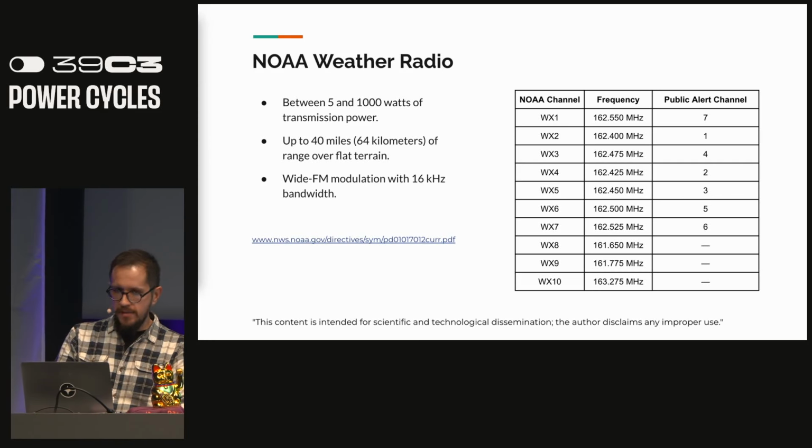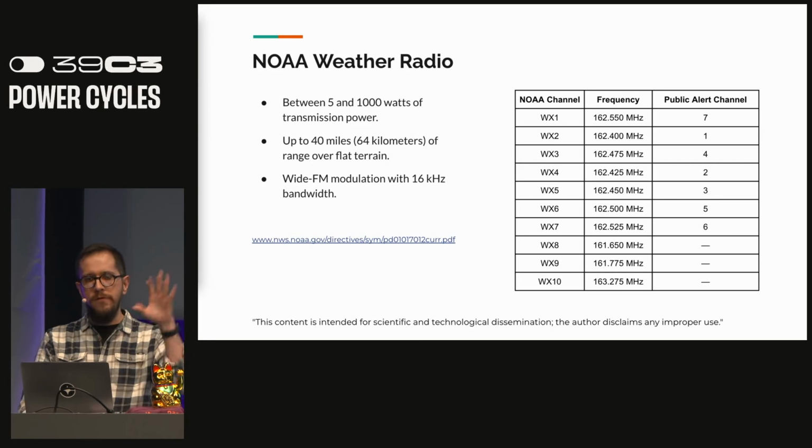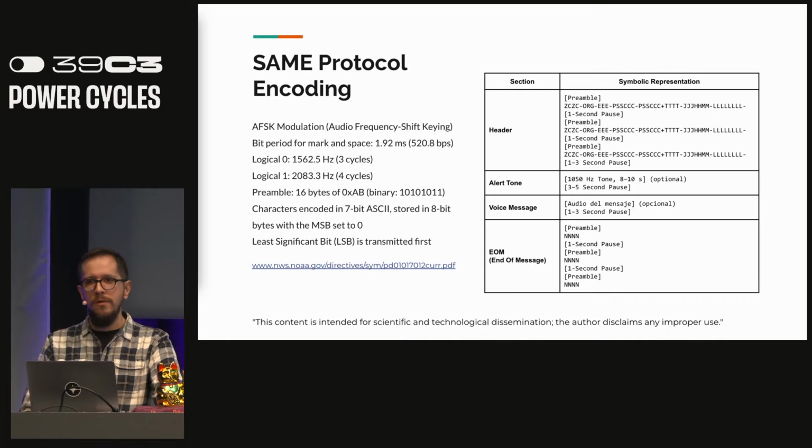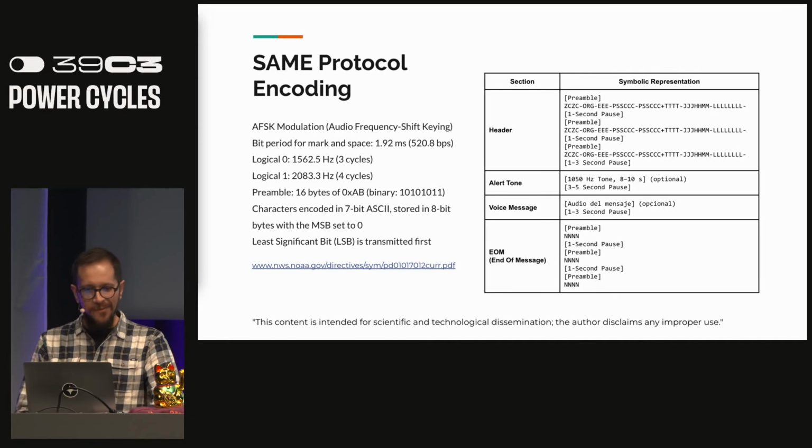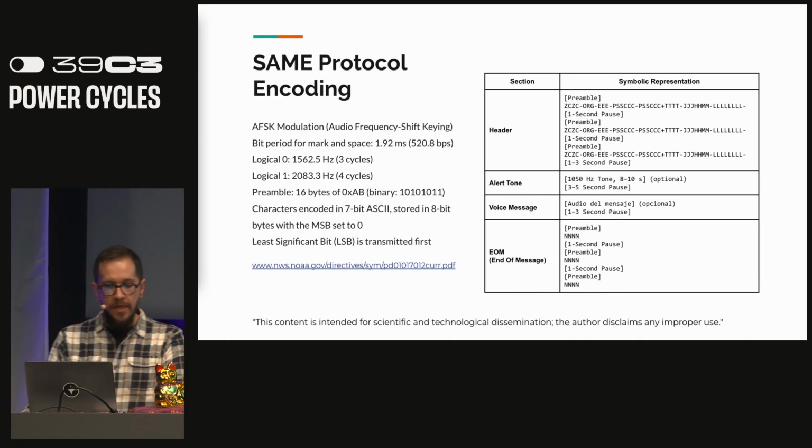But when they send this burst of information in these channels, they use the same protocol encoding, which is just FSK modulation, you know, like the old-time internet modems, with a bit period of 1.92 milliseconds.